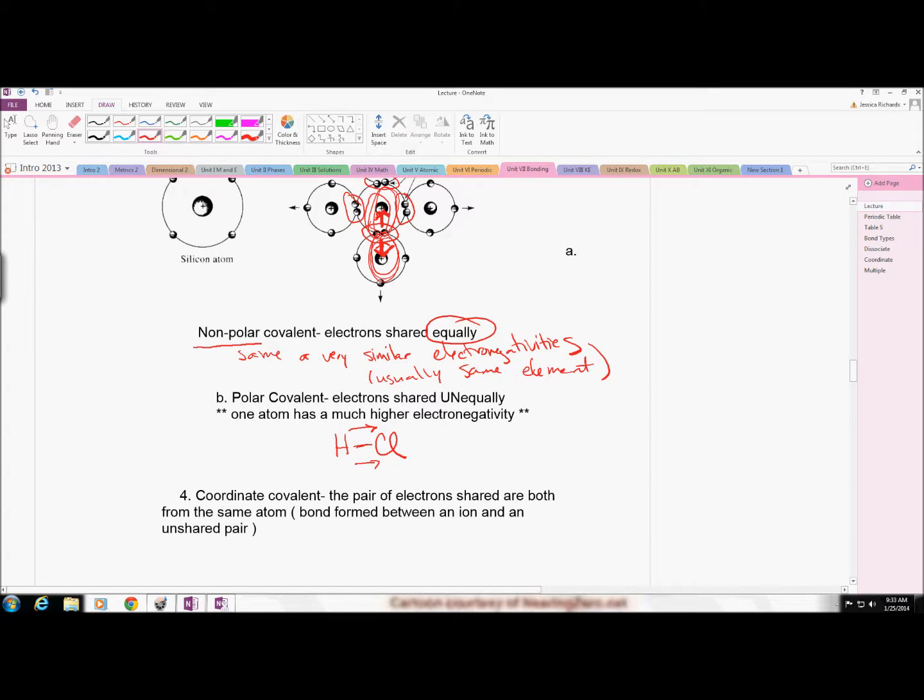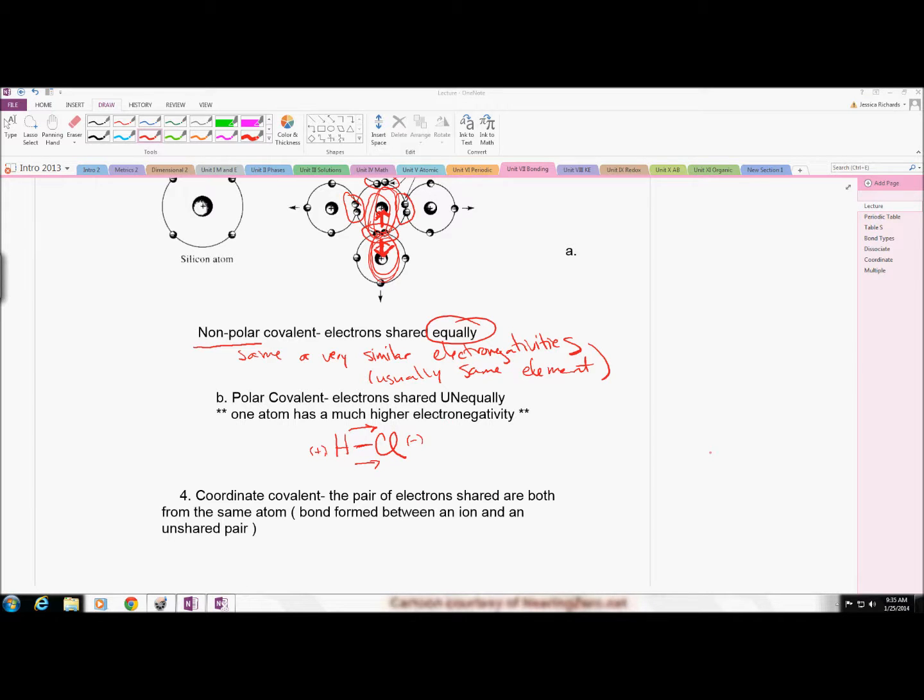And so the chlorine side will pick up a partial negative charge because sometimes it has extra electrons, and the hydrogen will sometimes have a partial positive charge because it's missing its electrons quite often. So equal sharing is nonpolar; unequal sharing is polar.